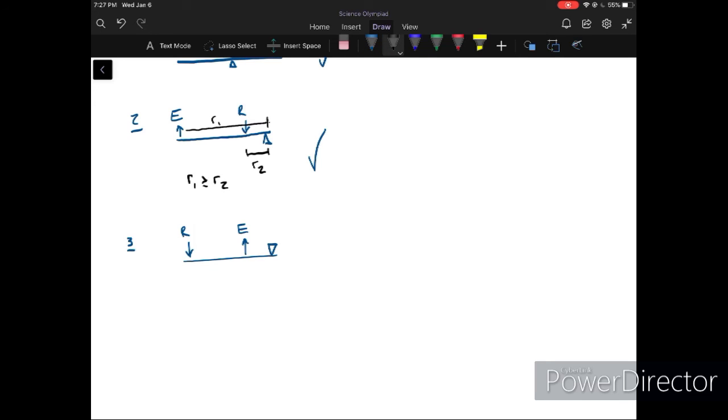Now, if we use the same terminology that we use for our type 2, we have R1 is the effort to the fulcrum, the R2 is the resistance to the fulcrum, meaning that R2 is necessarily greater than R1.